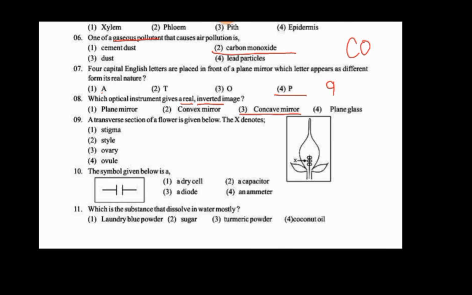Ninth question. A transverse section of a flower is given below. X denotes. In the first lesson of grade 7, you learn about different parts, the diversity of roots, leaves, and stem.